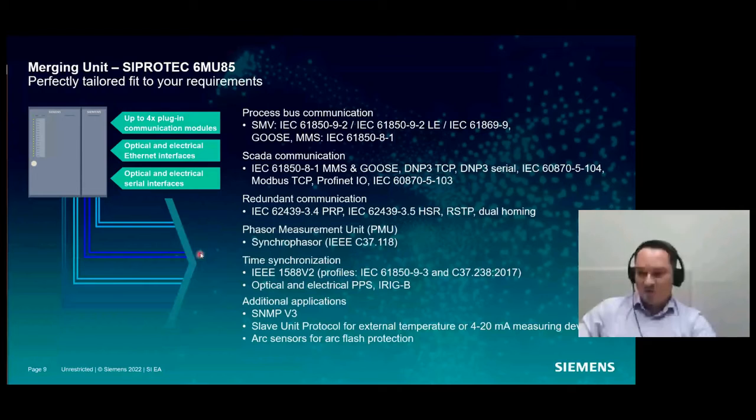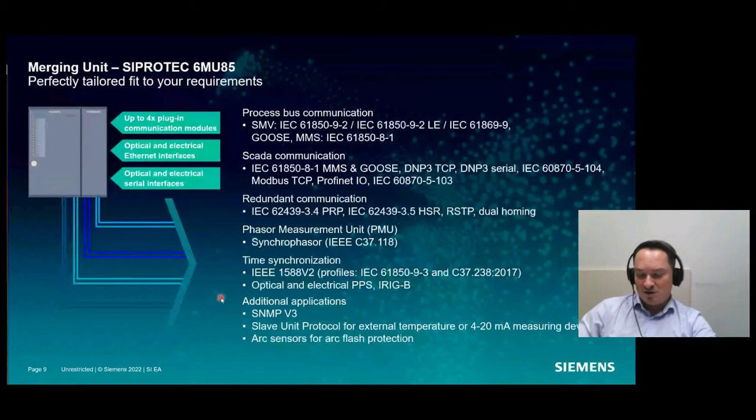Also, we can have the same communication protocols as in any other Ciprotec 5 protection relay. Of course, we support redundant communication such as PRP or HSR, which is necessary to execute protection functions or protection of a primary equipment. Also, we can have the phasor measurement unit feature in the same merging unit.